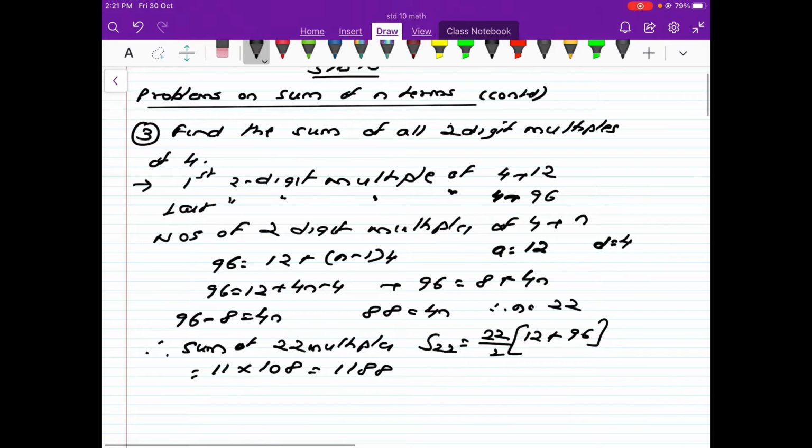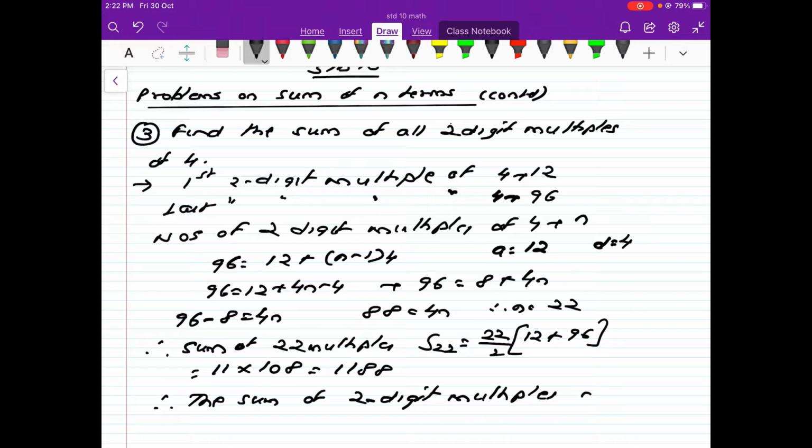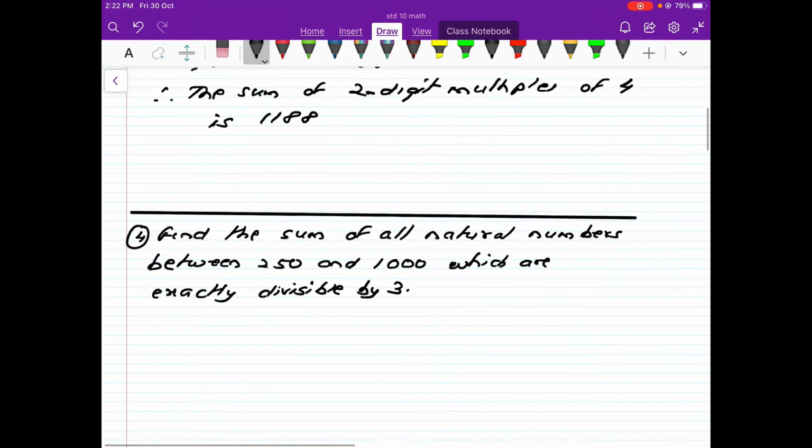Therefore the sum of 2-digit multiples of 4 is 1188.